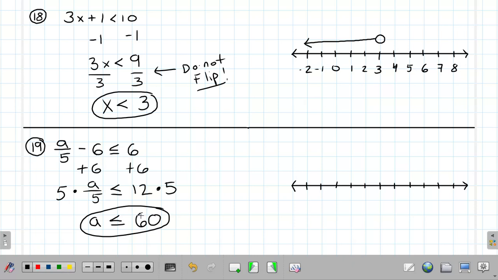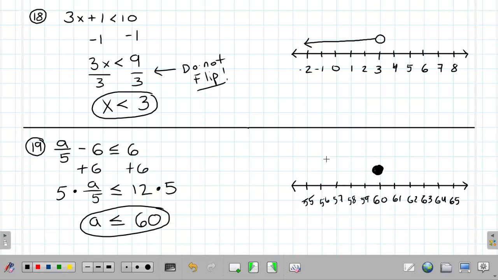And then once again, we do those steps on the number line. We go over here: 60, 61, 62, 63, 64, 65, 59, 58, 57, 56, 55, and so on, okay? So in this case, we go to 60. A can be 60, so it's going to be a closed circle.